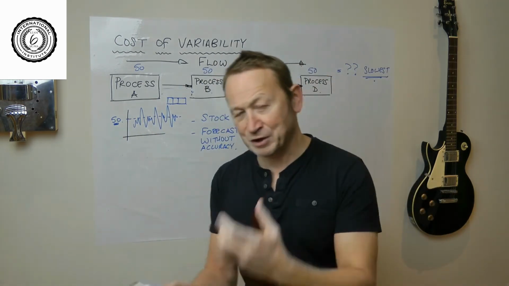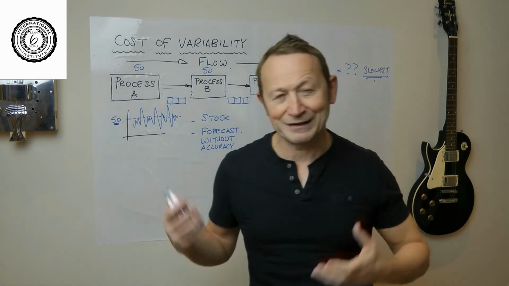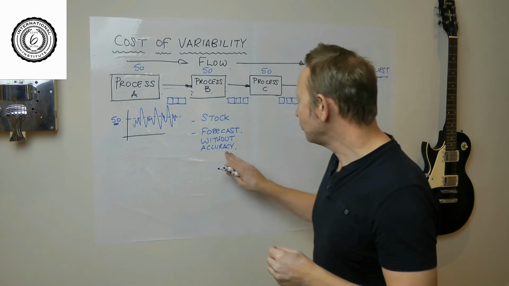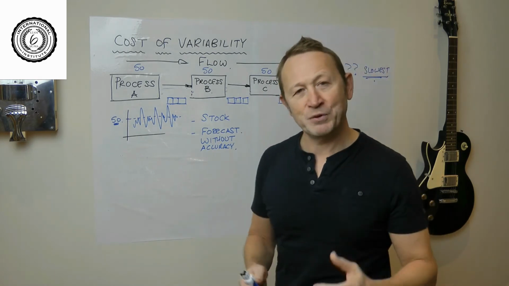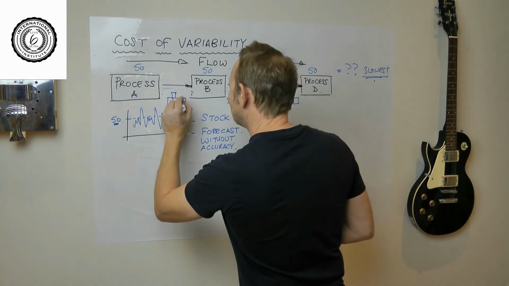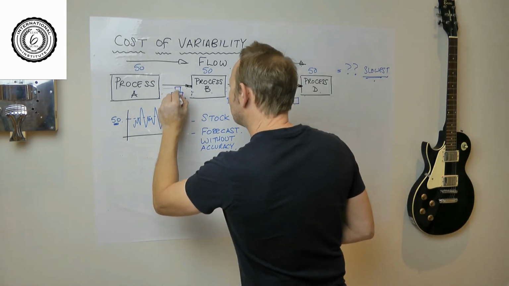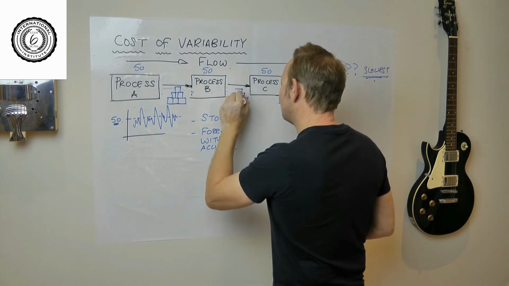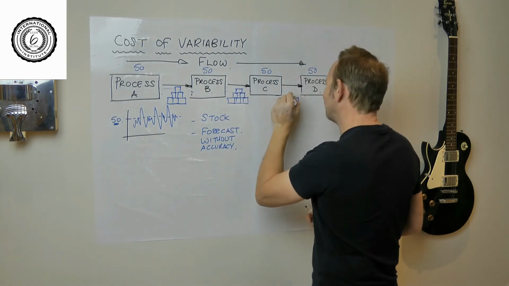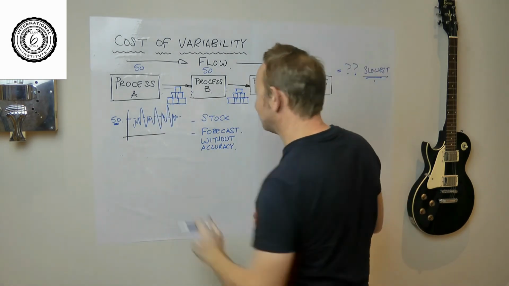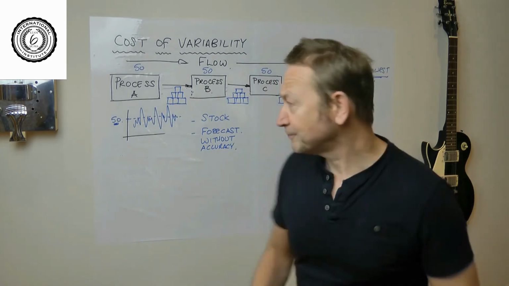Your process might produce well, it might produce badly, and you have no idea what's going to happen day to day. So your forecast is usually pretty poor. Well, what does that mean? That means you inadvertently put more stock here, because you end up with stock that you don't actually want. So now we've got stock building up in the whole system.